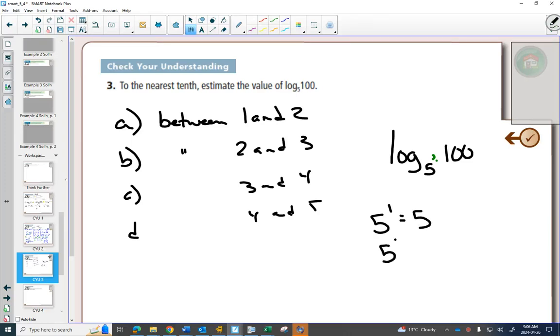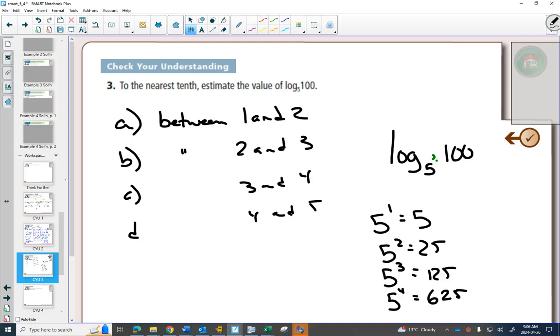I know 5 squared is 25. I know 5 cubed is 125, and this is as high as our powers chart went for mental math. And now we learned in the last question that 5 to the 5 was 3,125. You can always find the next one if you wanted to do the mental math and multiply out by hand. You just have to multiply by 5 to find the next one.